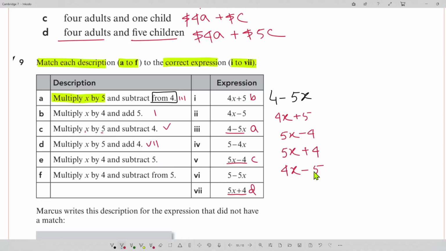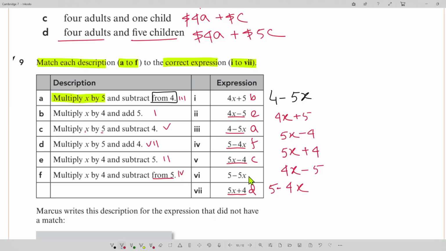So 4x minus 5, this is number 2, matching E. Then F: multiply x by 4, it means 4x, and subtract from 5, that means 5 minus 4x. This is F and this is number 4.